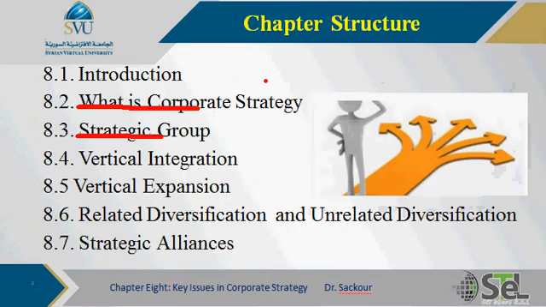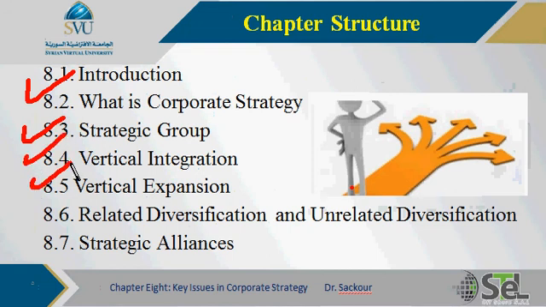We go ahead and show you the chapter structure: what is corporate strategy, what is strategic group, vertical integration and expansion, related and unrelated diversification, and strategic alliances.